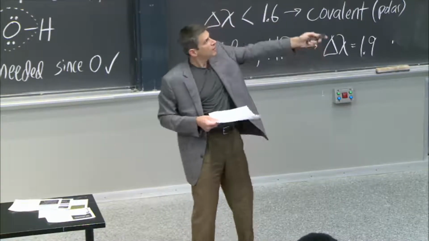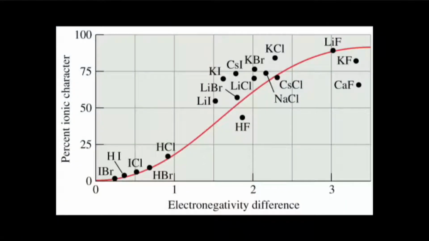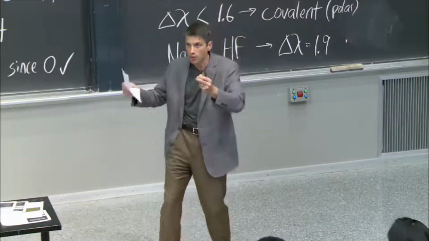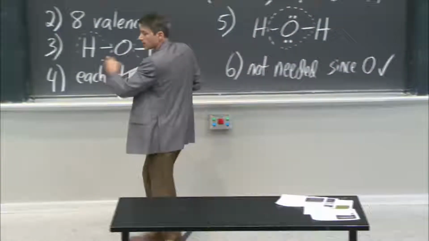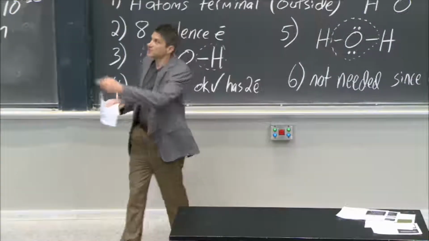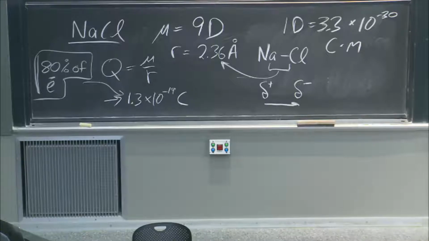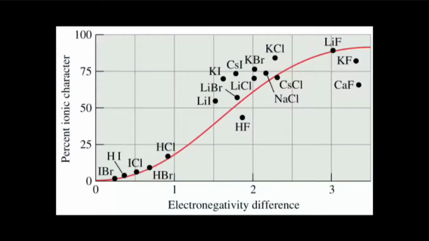Even though it's not fully ionic, it's pretty darn ionic. And now, even though these are not fully covalent, meaning pure non-polar covalent, no dipole in the bond, these have some dipole, but that's okay. They're still acting like covalent solids or covalent molecules. And so there's this spectrum in between.